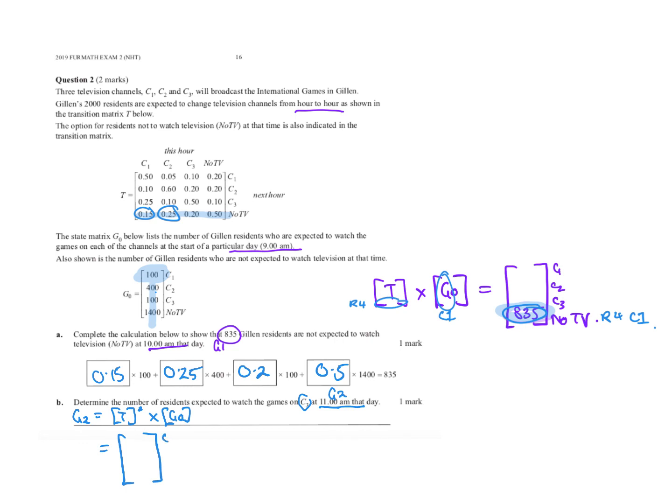And we'll have C1, C2, C3, and no TV. We want the answer at C3 at 11. So we'll just go do that. When you do that, you'll find that 356 is written there. So you just write that out, 356, and that's done.